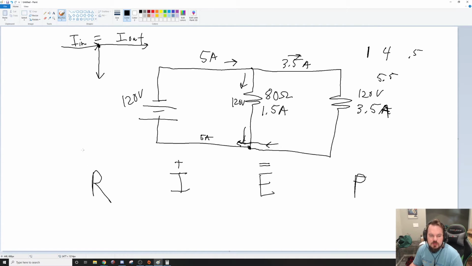The formula that I would like you to remember, there's 3 or 4 formulas in your DC theory book about how to calculate resistance in parallel. They're all basically the same formula, just at different states of being.